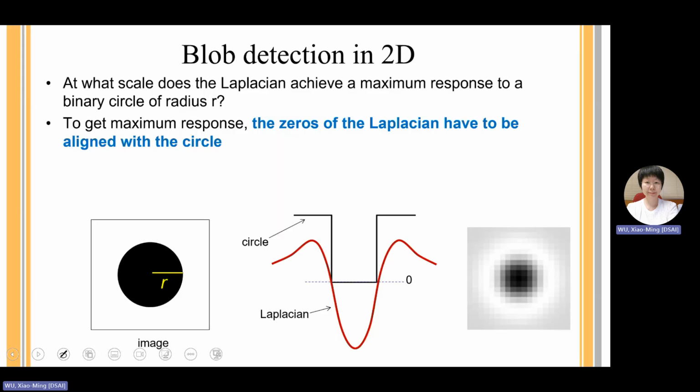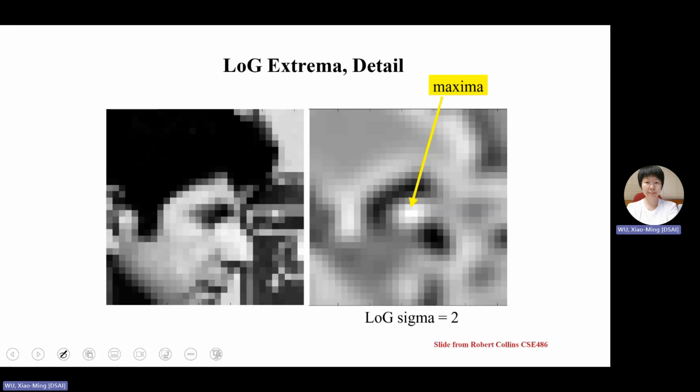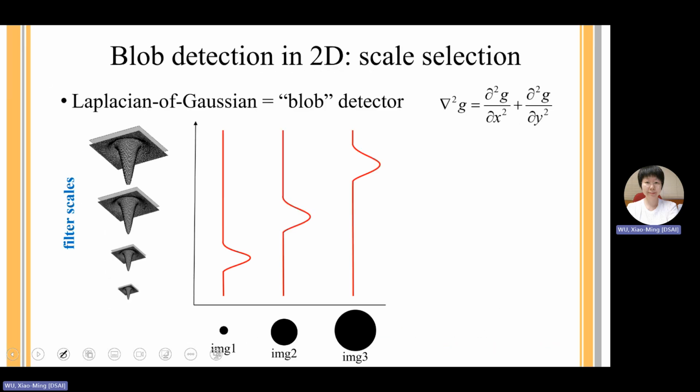We only need to look at 3 response maps because if the current pixel is the highest, it will achieve maxima here.